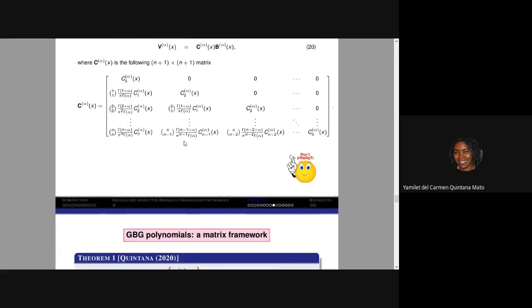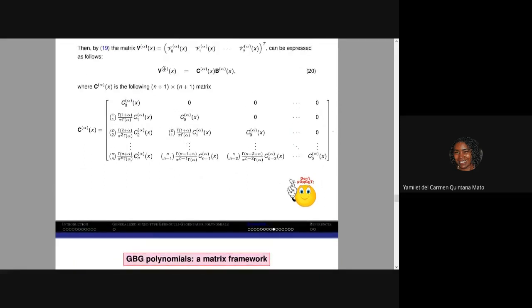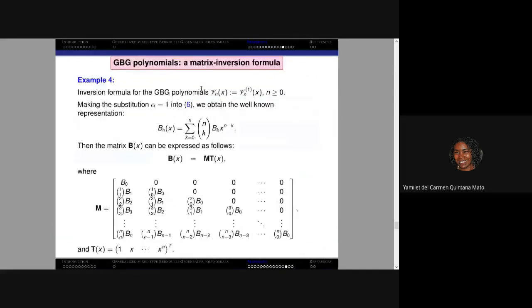Making the substitution alpha equal to 1 in 20, remember the expression 20 is given by a matrix expression for the matrix that contains the information of the BG polynomial.